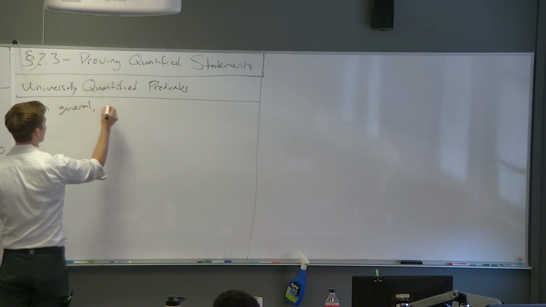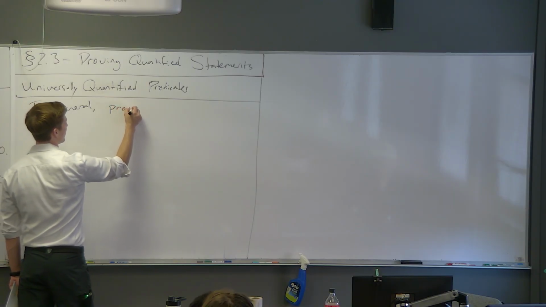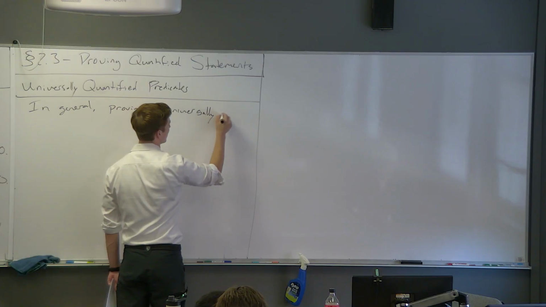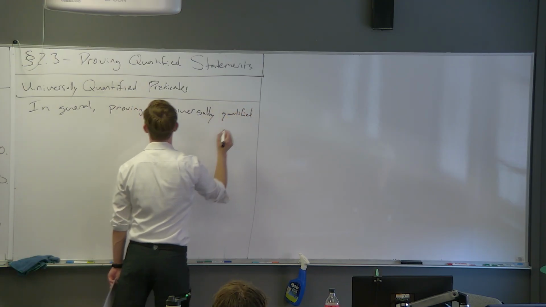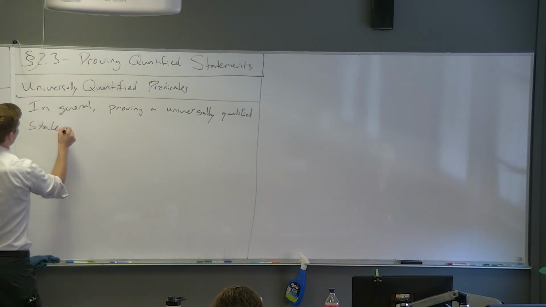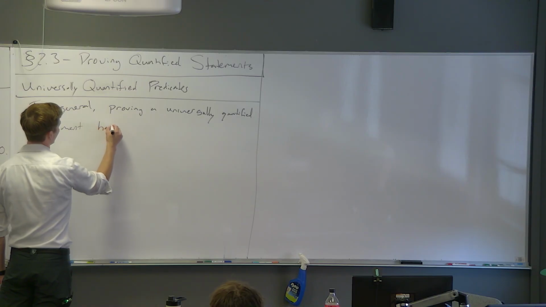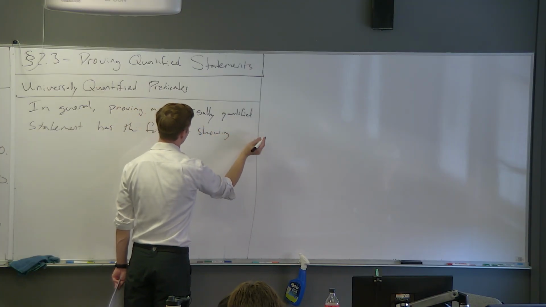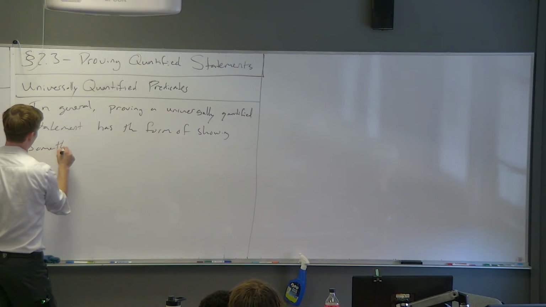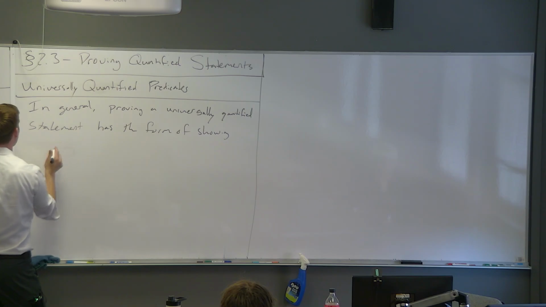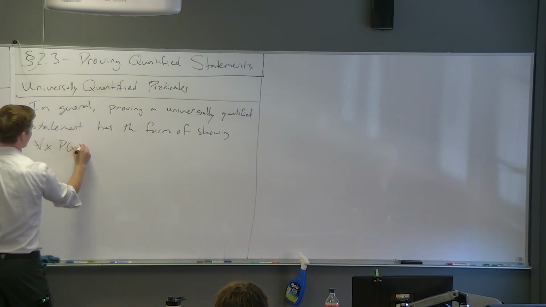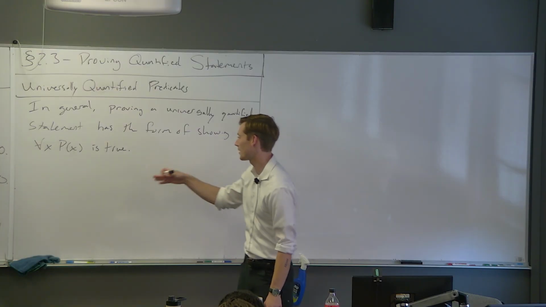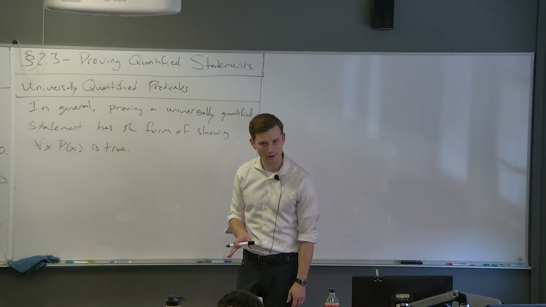In general, proving a universally quantified statement has the form of showing for all x, p of x is true. Yeah? Showing that, hey, for whatever you take, the predicate is true. Okay.